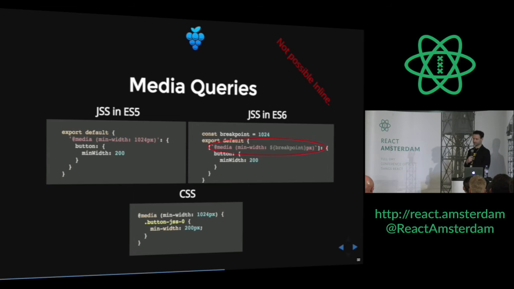This is valid ES6 syntax to have a variable inside of it. So basically, I have a constant breakpoint, which I can share with JavaScript and use, for example, for changing representation or rendering something else when a certain breakpoint is reached.